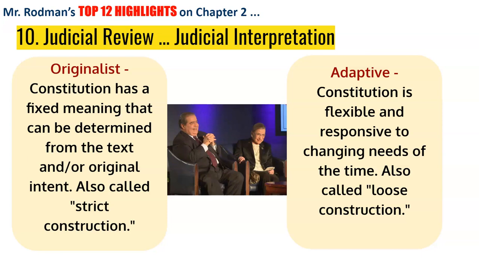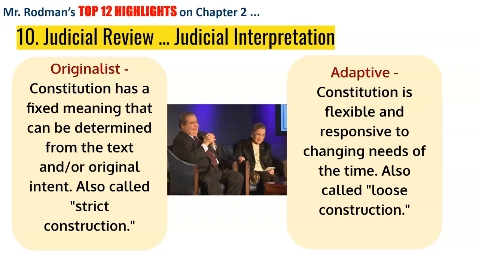The adaptive approach is that the Constitution is more flexible, more responsive to the 21st century, and we look at it through that lens. Very different viewpoints in terms of their jurisprudence, how they carry out their votes and their decisions on the court. And so this also changes the judicial interpretation.